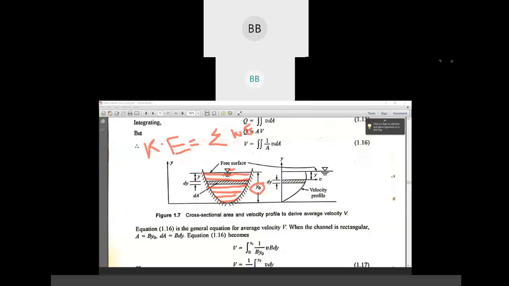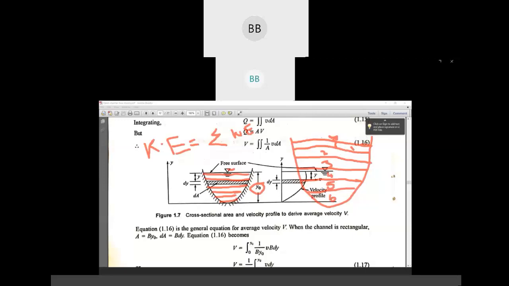Suppose this is your cross section, we can consider one elementary area here, this is one. Then another one, then another one, 3, and then 4, 5, and 6. This is just an example.